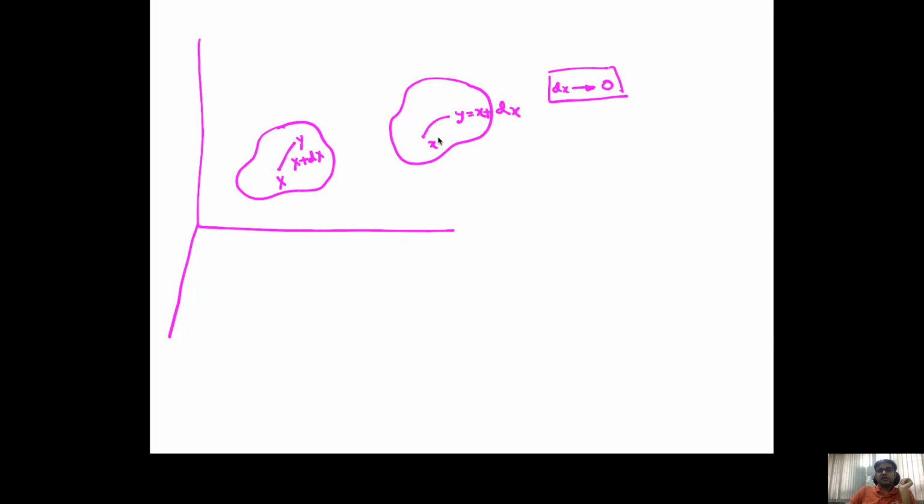So this is x plus dx, this is small x plus dx, and I want to find out this dx. So what is this dx? This dx is y minus x, right? This dx is y minus x. Now what is y?